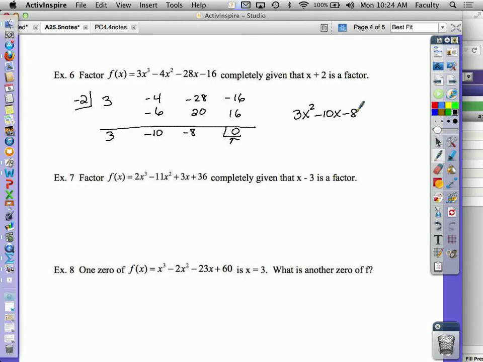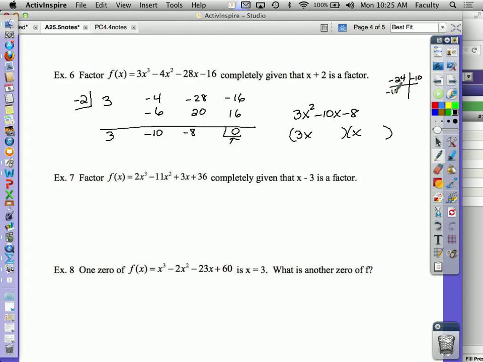I know how to factor that. I'm going to use trial and error. So if you like the AC method, we can kind of combine it here with trial and error. 3 times negative 8 is negative 24. I'm looking for two numbers that are going to multiply to negative 24 but add up to negative 10.